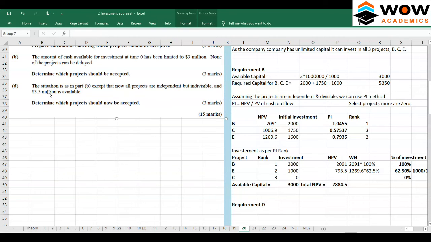It says the situation is as in part B, except that now all projects are independent but indivisible. So that is the problem.